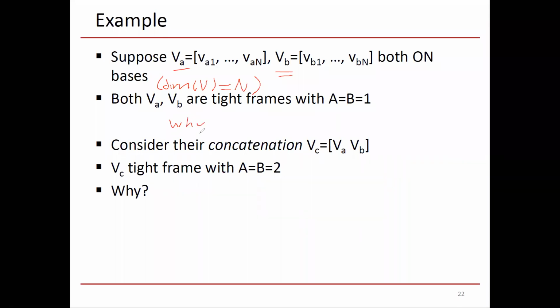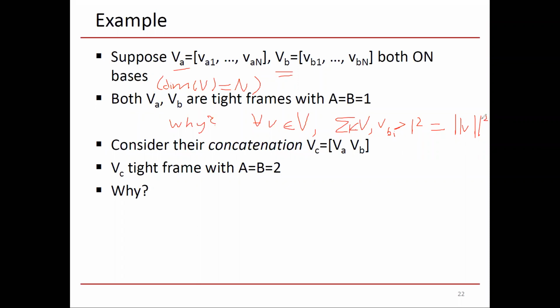Why is that? Because we know that for an orthonormal basis, for all v in our linear space capital V, the summation of the squared magnitude of inner products between v and VBi will be equal to the energy of v.